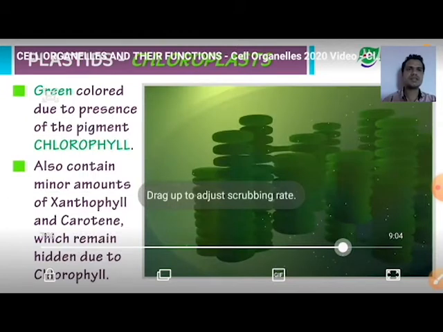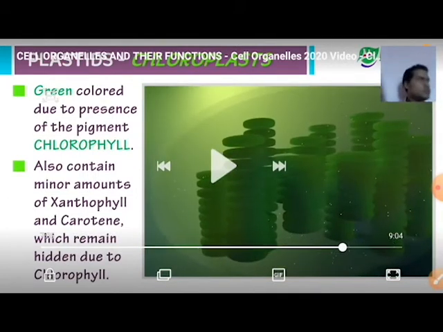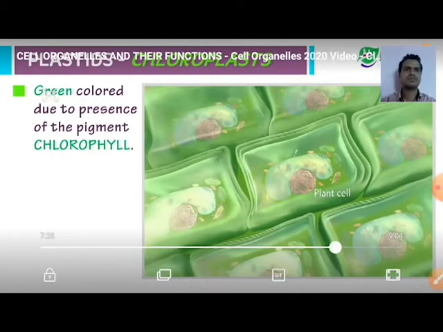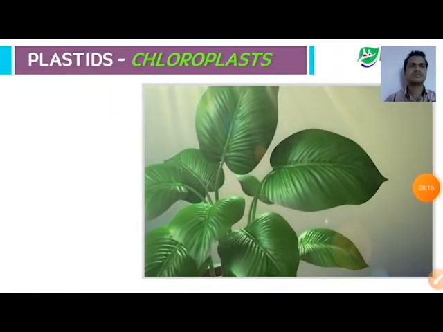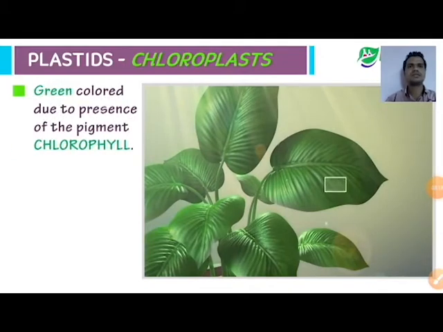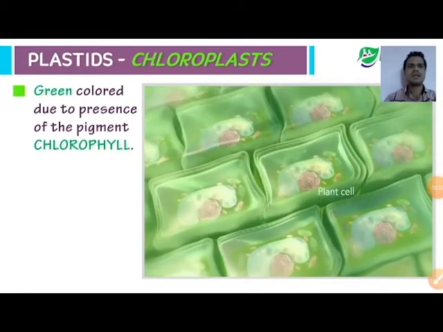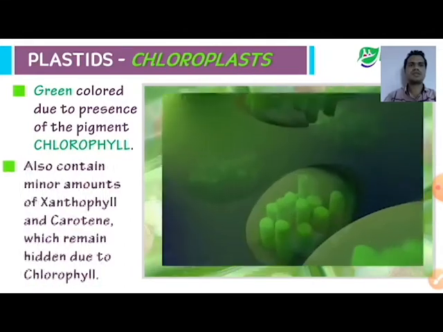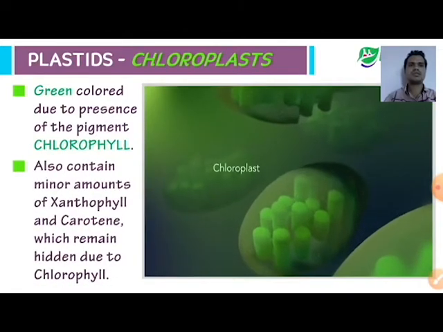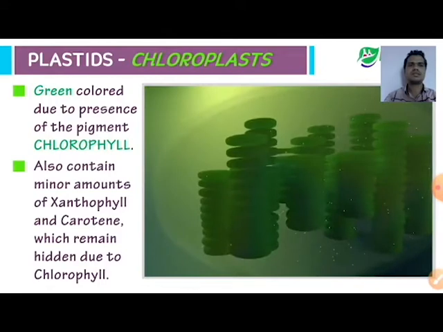Now as you see, this is the plant cell. Inside the plant cell you can see a small structure called chloroplast. See, this is a small cell organelle. It's oval in shape.